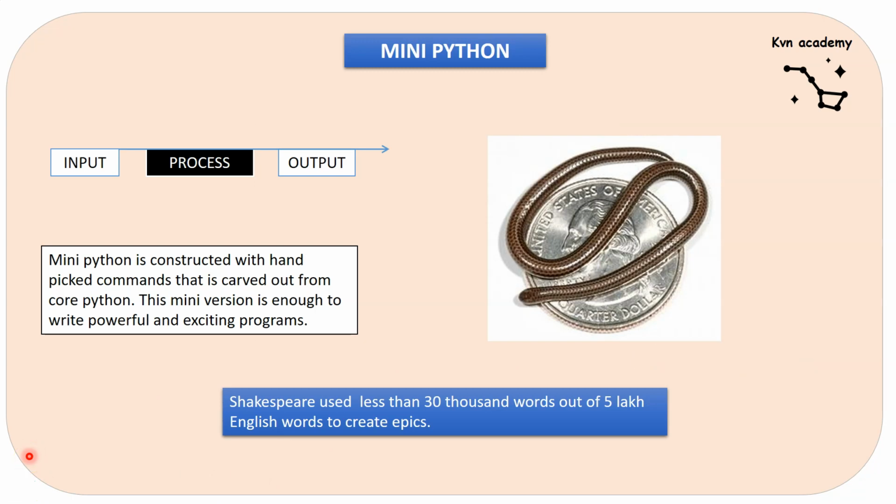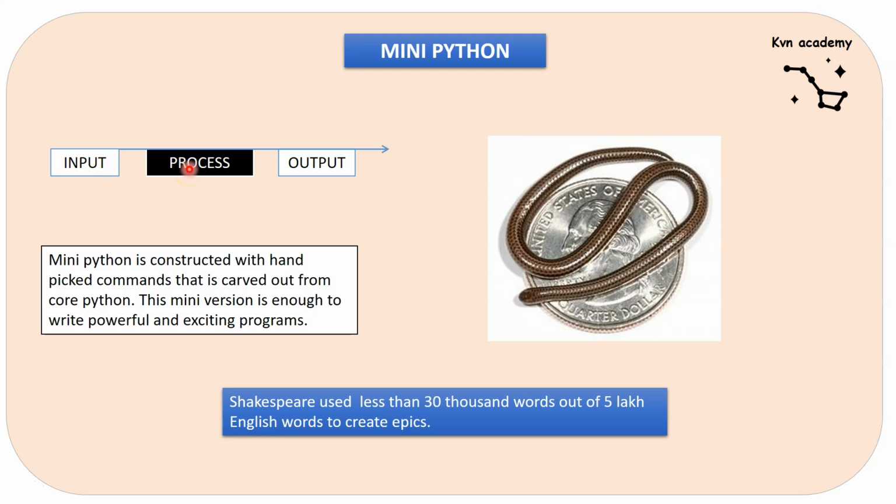Any program has this structure: input, process, output. We give some input that is processed by the computer and we get the desired output. So to construct our language, we selected some statements for input from Python.